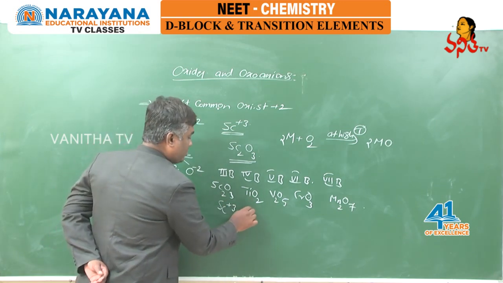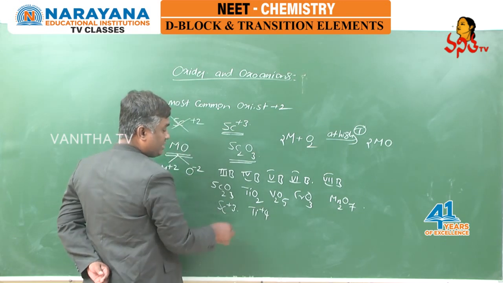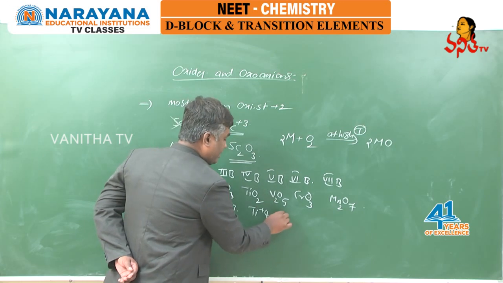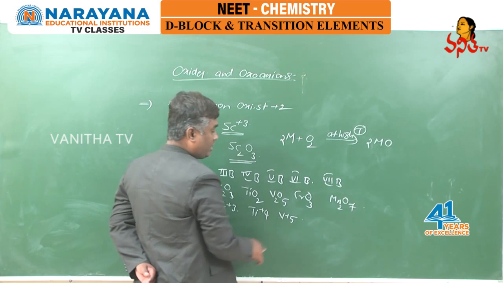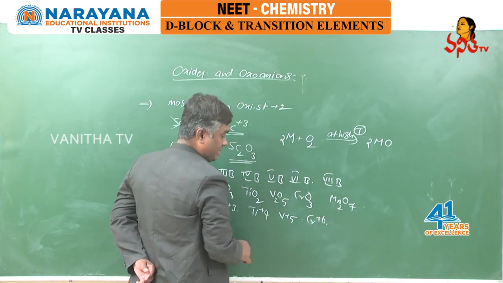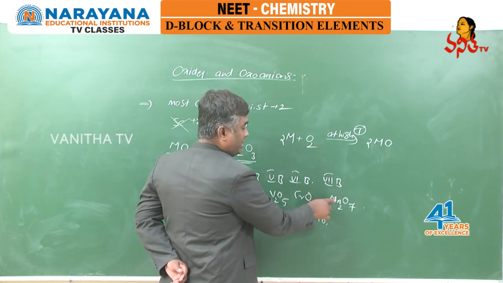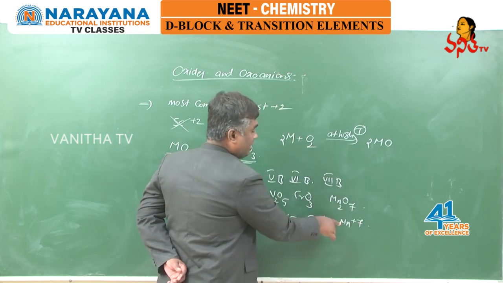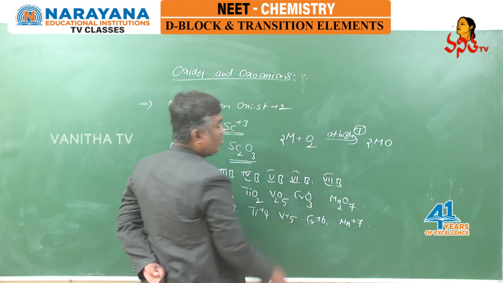And here in the form of Sc2O3, scandium is exhibiting +3, which is its highest, equal to group number. In the form of TiO2, titanium is exhibiting +4, highest, which is equal to group number. In the form of vanadium pentoxide, vanadium is exhibiting +5, highest. In the form of CrO3, chromium is exhibiting +6, highest. And manganese is exhibiting +7 oxidation state, which is equal to its group number, in the form of Mn2O7.